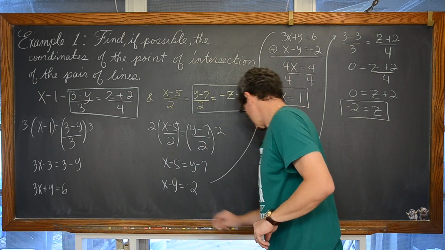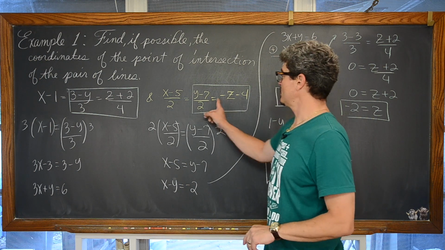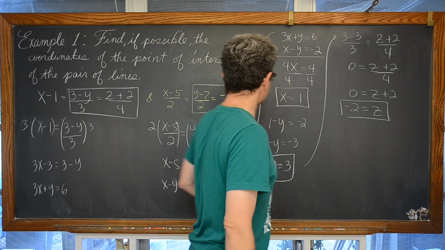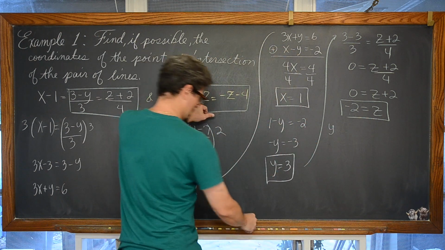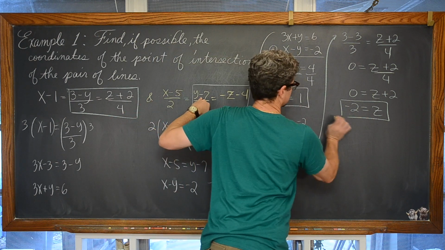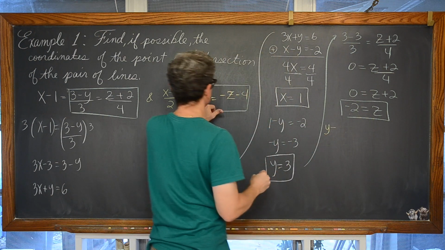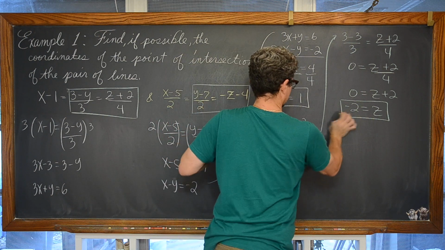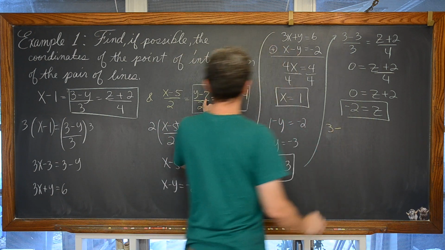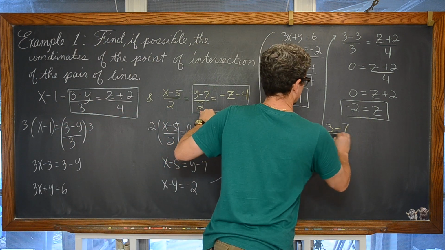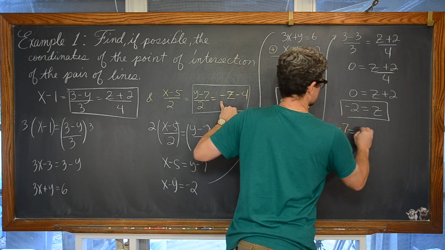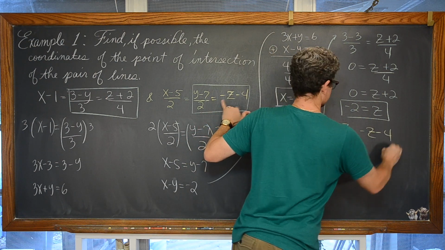Will we get that same negative 2 when we plug into this equation here? So we're looking at y. Maybe I should do it in yellow since it matches that one. Y minus, well, y is 3. 3 minus 7 over 2 is equal to negative z minus 4.